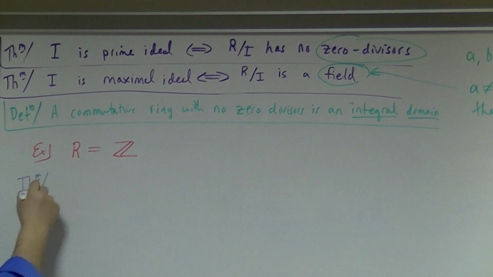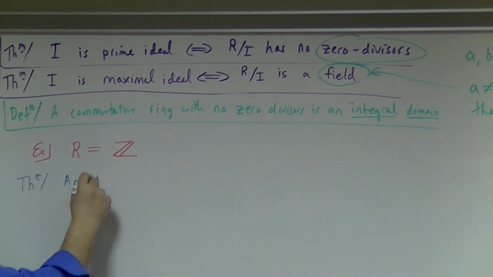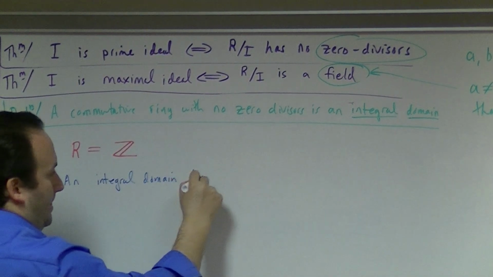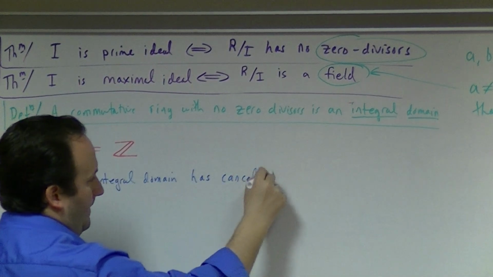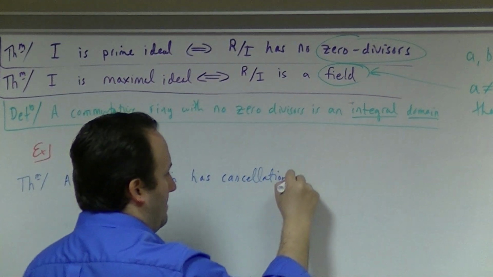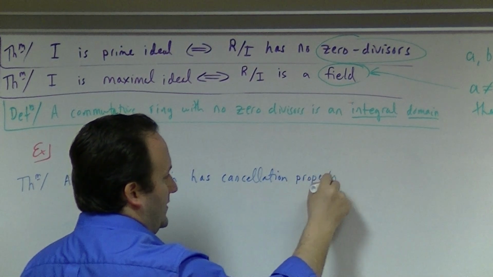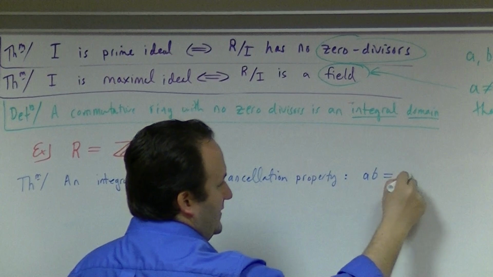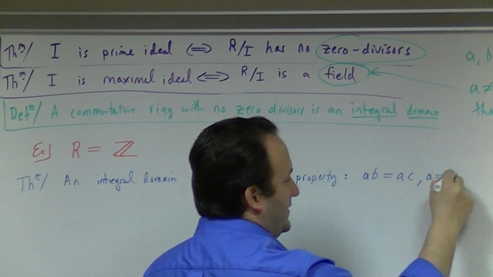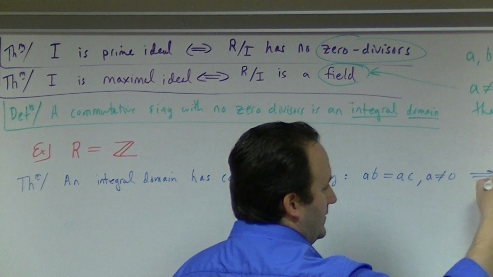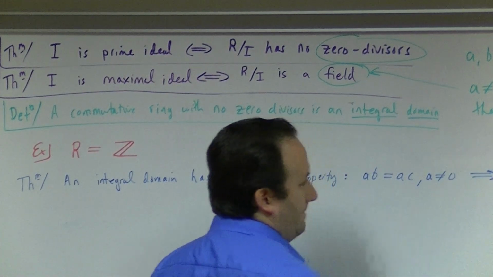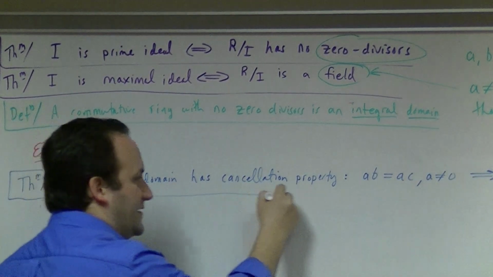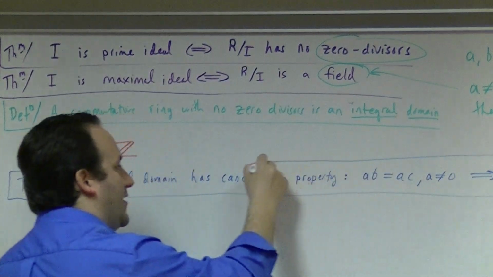Now, one of the fundamental properties of an integral domain, theorem: an integral domain has cancellation. Little property. In particular, if we have AB is equal to AC and A is not equal to 0, that implies that B is equal to C. One of the fundamental mistakes of undergraduate mathematics in the abstract context is to assume the cancellation property where you have no right to.